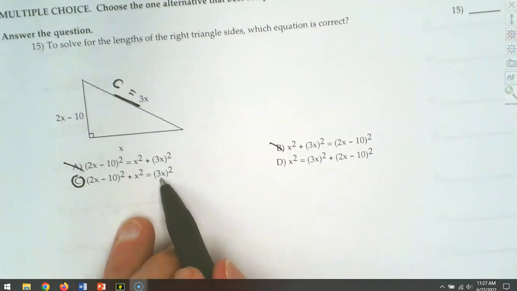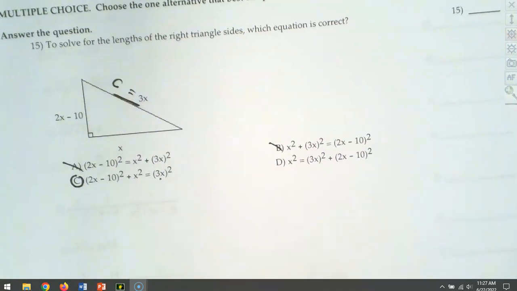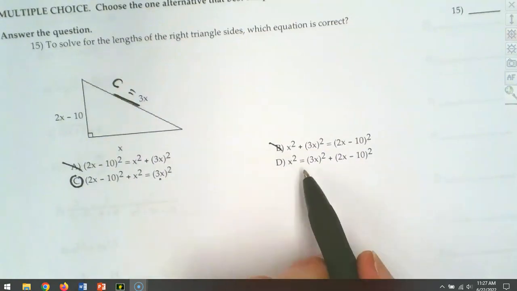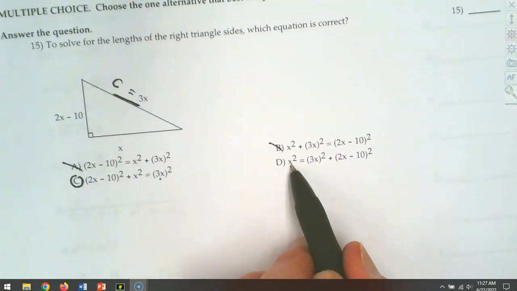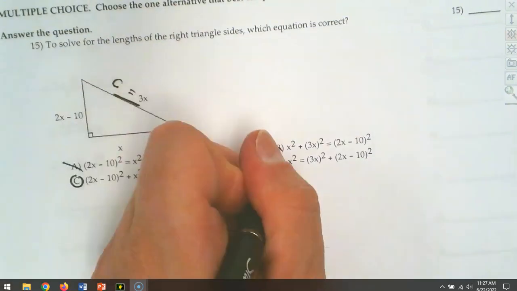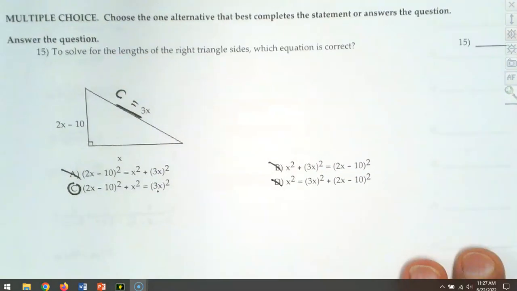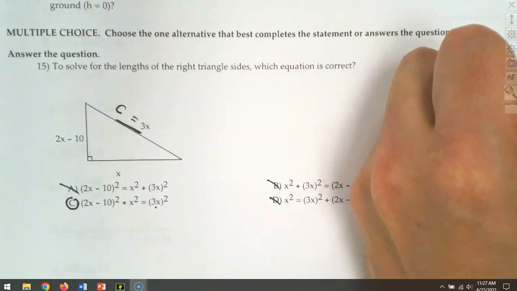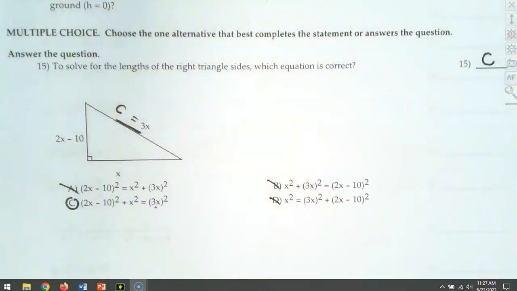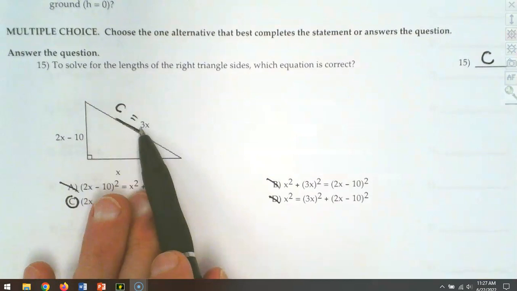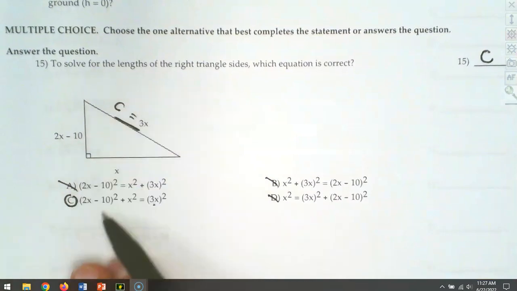Yeah, because see, it's over there by itself. And D obviously doesn't work. Why not? Because, yeah, they put the one in the wrong place. So I'll go ahead and give you that one. What should the answer for that one then be? C. And why is it going to be C? Because 3x has to be by itself squared. And so it has to be that answer C. Does that make sense on that?